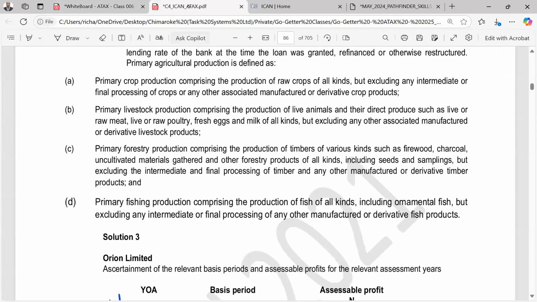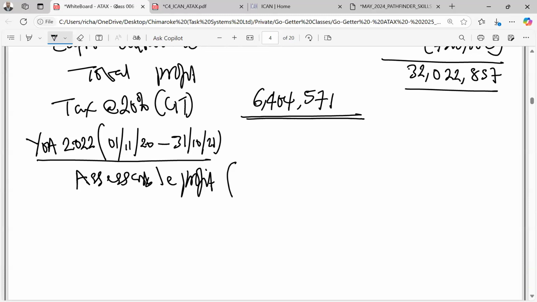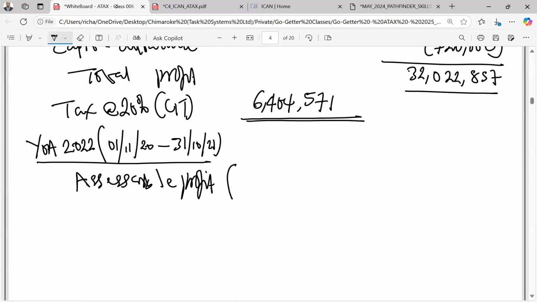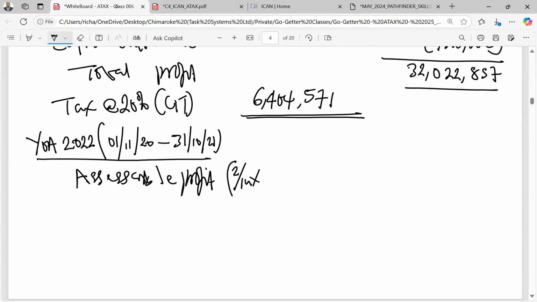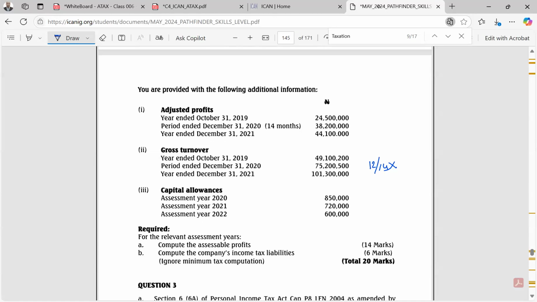I did the workings here. We take 2 over 14 times 38,200, plus, we have taken 2 now, so we remain 10, 10 over 12 of 44,100.